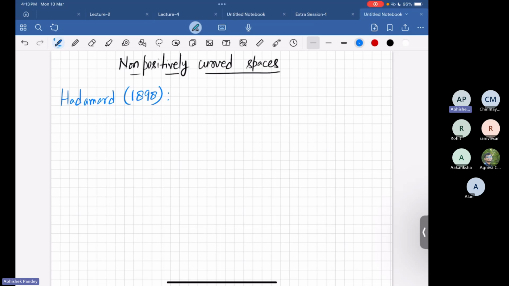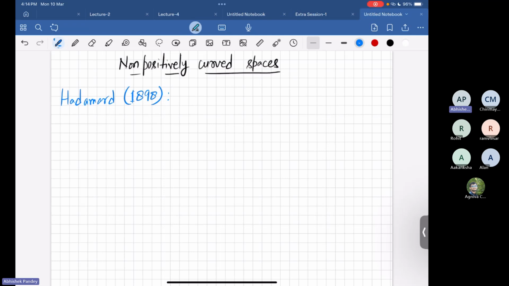If you take a smoothly embedded surface in R3 with non-positive curvature, Hadamard made a fundamental observation that the distance function from a fixed point to a point that moves along a geodesic in this surface is basically convex.